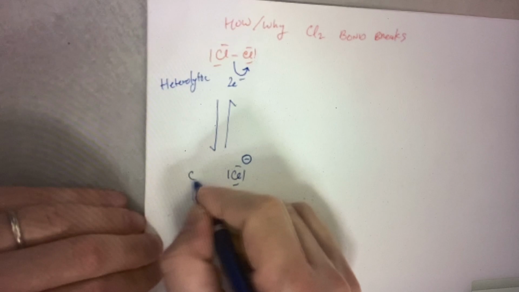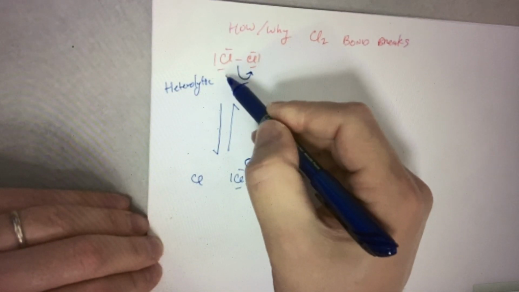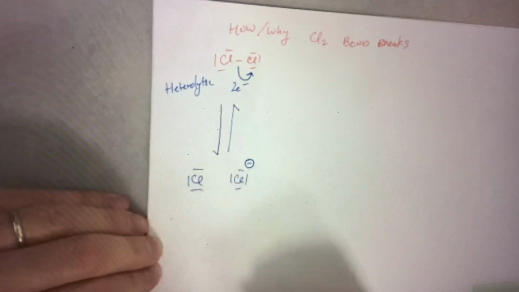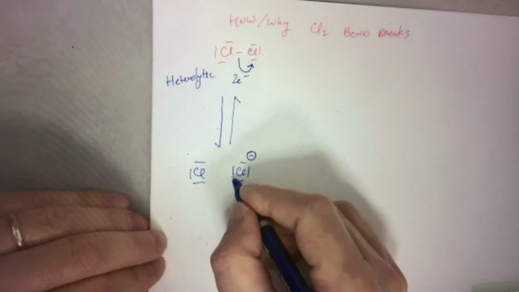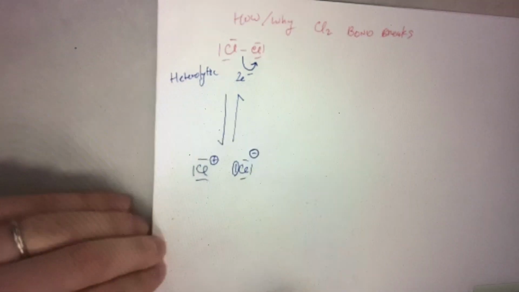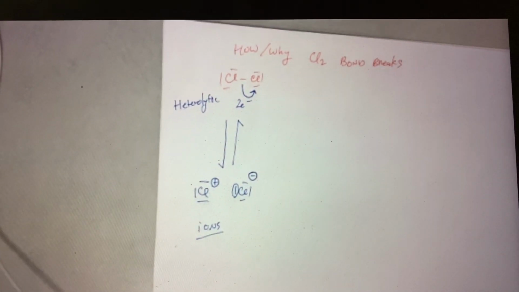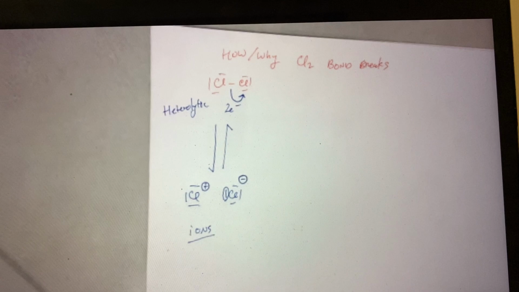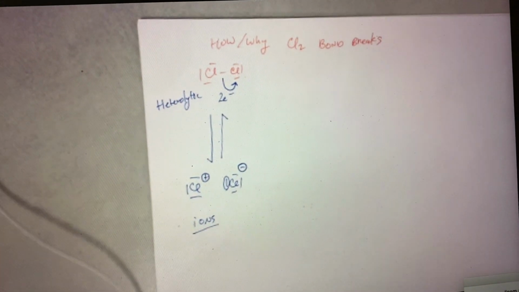And what would be left for the other chlorine? Well, this pair of electrons, this pair, this pair, nothing happened to them. There was a bond here, and this arrow says, let's just give it to this chlorine. Then this one's left with nothing. And we've basically made ions here. So this is the result if we were to heterolytically cleave the bond unevenly. Give two electrons to one atom, give nothing to the other. This is what we get.